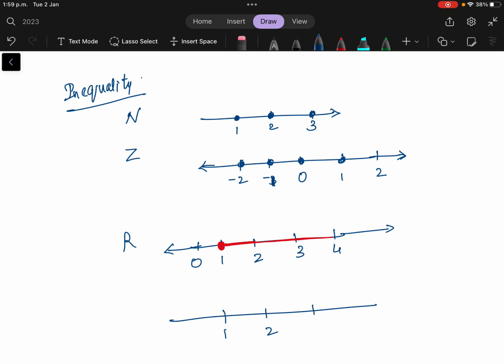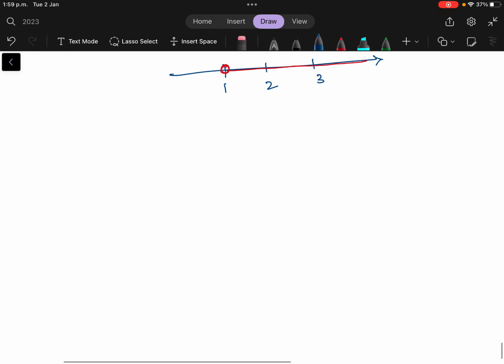For example, if I'm saying that x is greater than 1, x is an element of R, then I'll put an open circle like this. And if it is x is greater than or equal to 1, x is an element of R, then I darken it. And there are certain rules for solving inequalities.